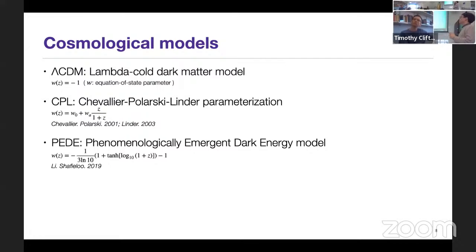So I'm going to show how the constraints from three different cosmological model assumptions and the model independent reconstruction differ. I assume three different models: LCDM, a simple parameterization of the equation of state, and another dark energy model, and I get the contours based on these three different assumptions.